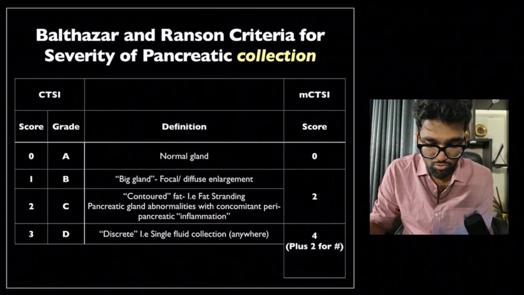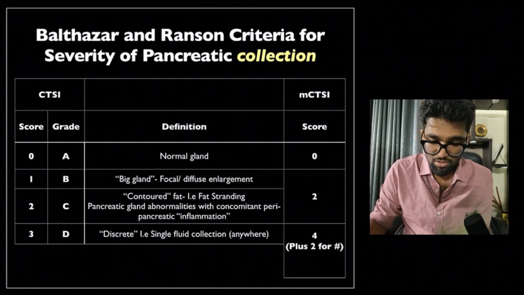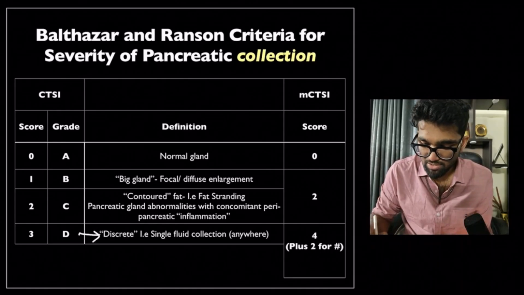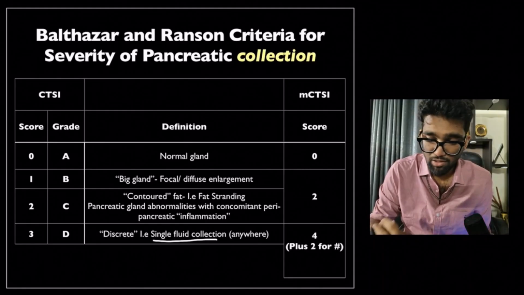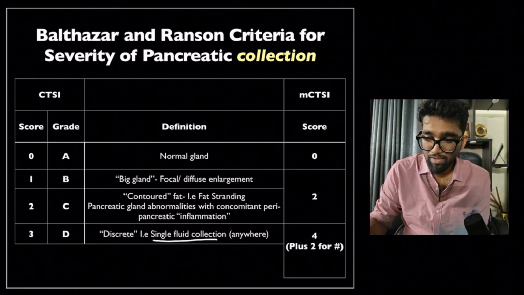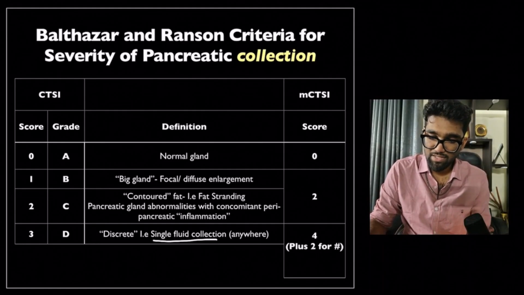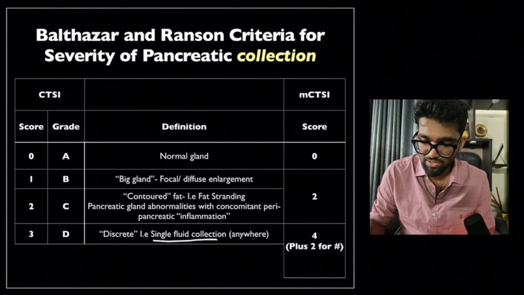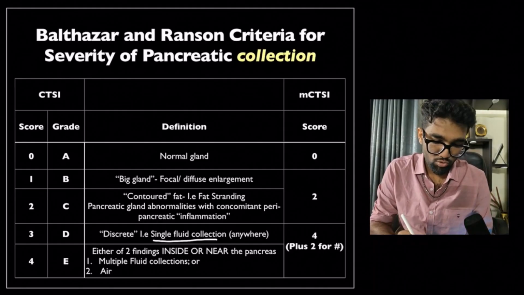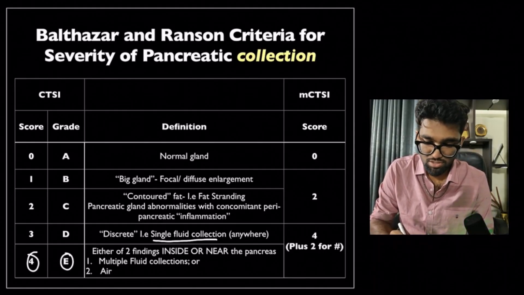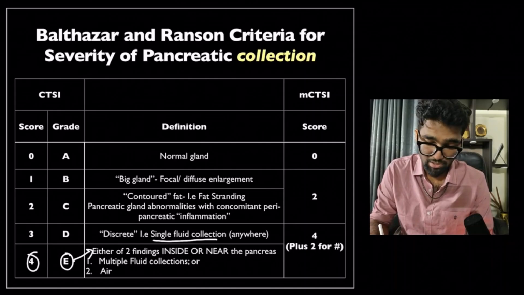Now, a score of 3 or a grade D was D for discrete, that is a single fluid collection anywhere, within the gland, outside the gland, doesn't matter. Now that is given a score of 4 in the modified CT severity index, and in the original CT severity index, a score of 4 or a grade E was either of the two, that is either the presence of multiple, or at least more than one, fluid collection, or the presence of air. So it is either of the two.